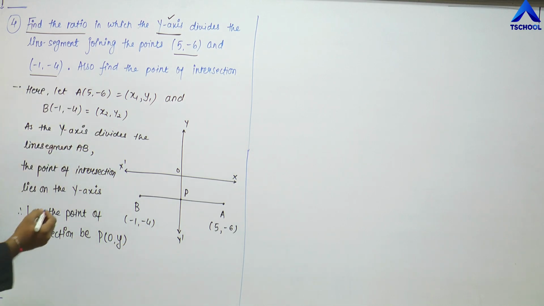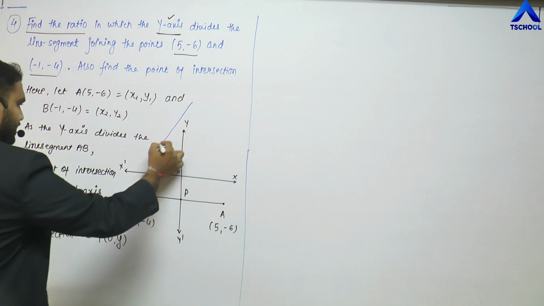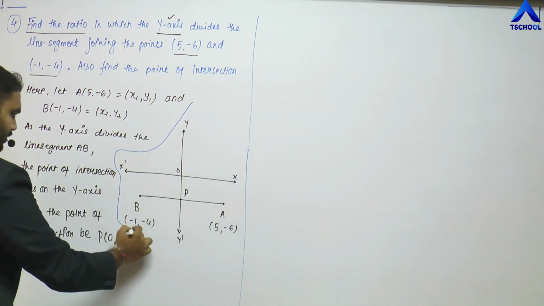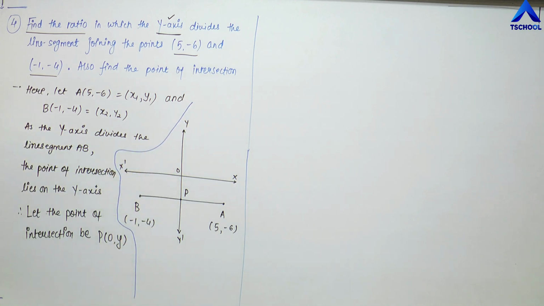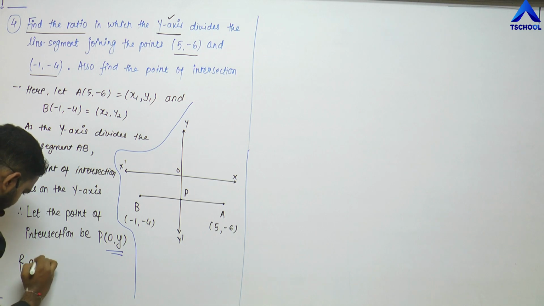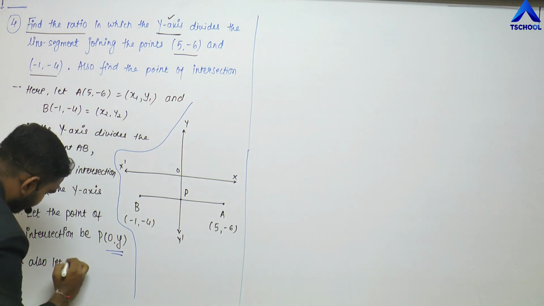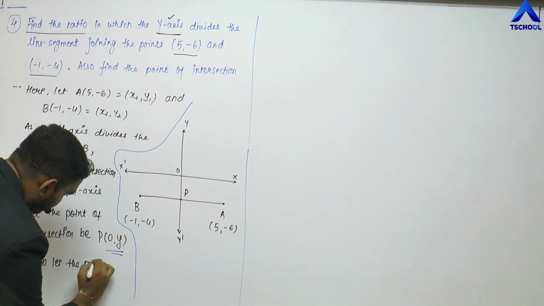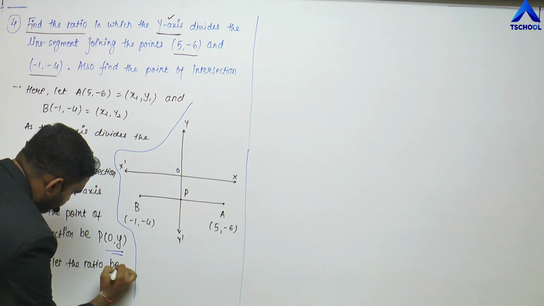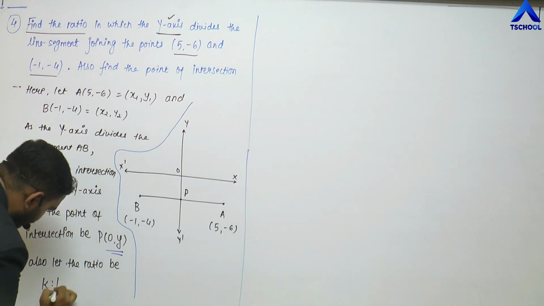So this is our point of intersection. As we say, any point lying on the y-axis has its x coordinate 0. So this is our point of intersection (0, y), and we need to find out the ratio also, so let the ratio be k is to 1.